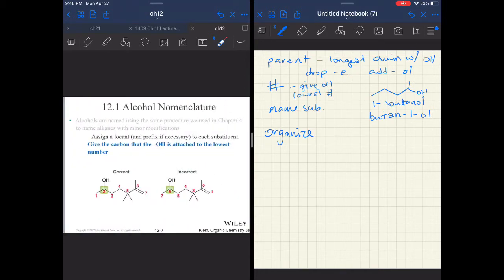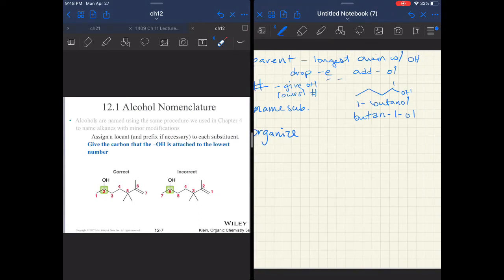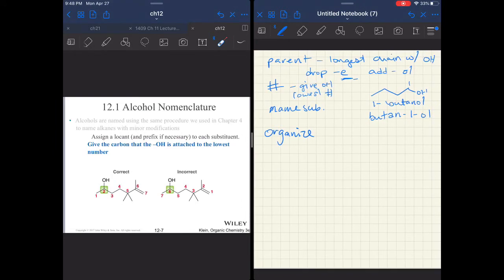If there is an alkene, right, remember you're only dropping the E. So double and triple bonds are kind of sneaky in terms of functional groups because they work their way into the parent name no matter what, even if they're not the highest priority. So for instance, let's say now we're going into naming substituents and numbering.